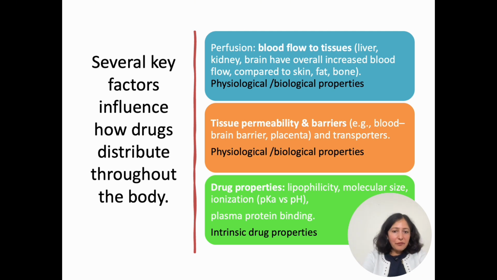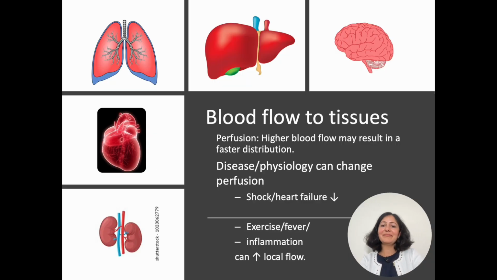Now, there are several factors that can influence drug distribution throughout the body, and we will cover all of them. These include the blood flow to different organs, tissue permeability and the architecture of the capillaries, and also the intrinsic property of the drug itself. Not all organs in the body receive blood at the same rate.